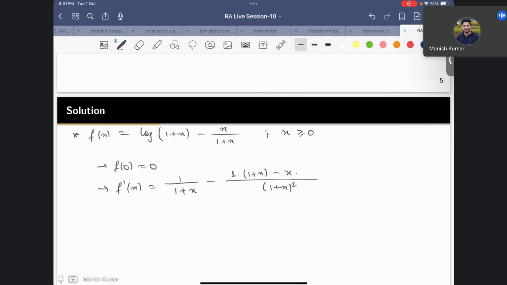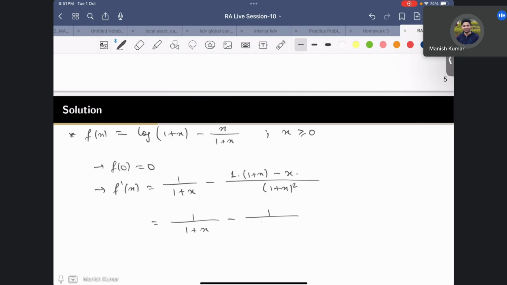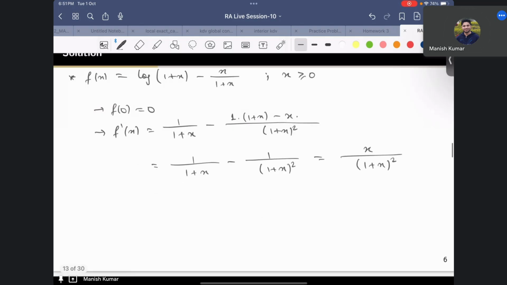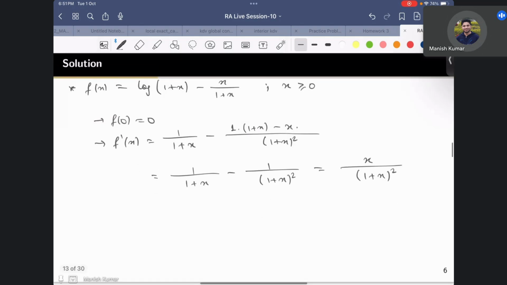So this is 1 by 1 plus x minus, so this x will cancel with this one, so minus 1 by 1 plus x square. So this is x upon 1 plus x square, correct? Now you can clearly see that this is positive and x is always greater than or equal to 0. In fact, this is greater than 0 if my x is greater than 0, and this is the domain.